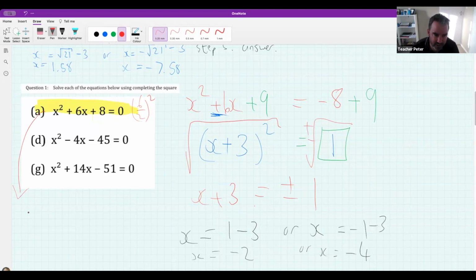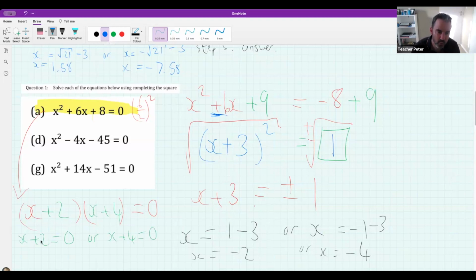If I factorize the expression part, equals 0, if I factorize that trinomial, I actually would have got x plus 2 and x plus 4, in which case x plus 2 equals 0 or x plus 4 equals 0, in which case my final answer is x is minus 2 or x is minus 4.